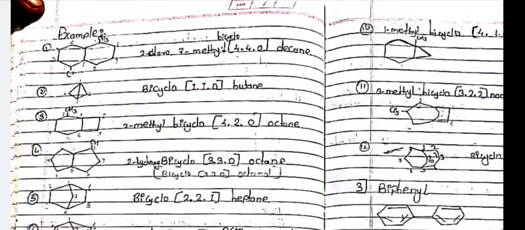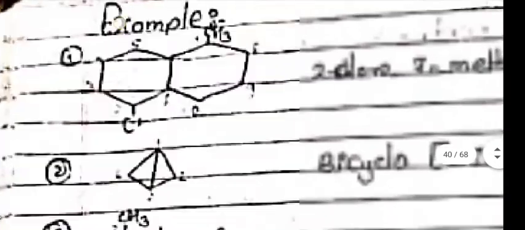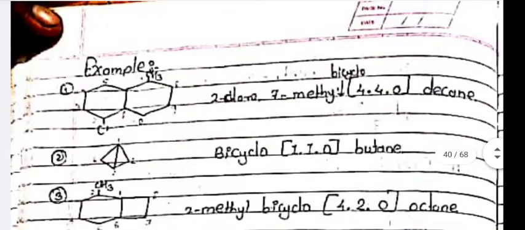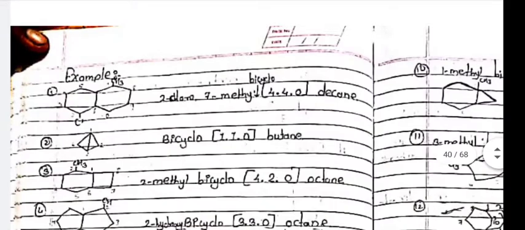Here is the numbering. It starts from the bridgehead: first, second, third, fourth, first, second, third, fourth, fifth, sixth, seven, eight. This is all about the numbering.